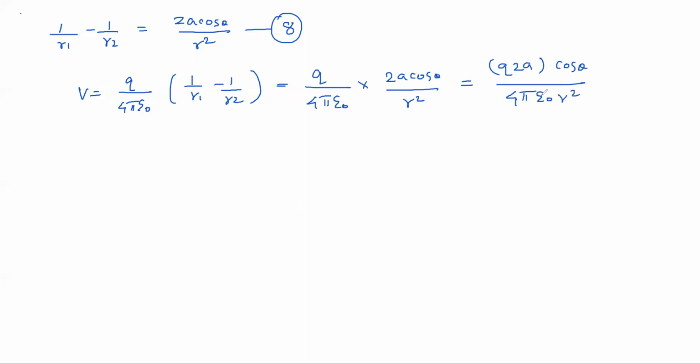We have already learned that the magnitude of the dipole moment vector is nothing but q into 2a, the charge and the distance between the charges. So we can write it as p cos theta by 4 pi epsilon naught r square. So far in the subject, we have not seen any potential that depends upon angle.